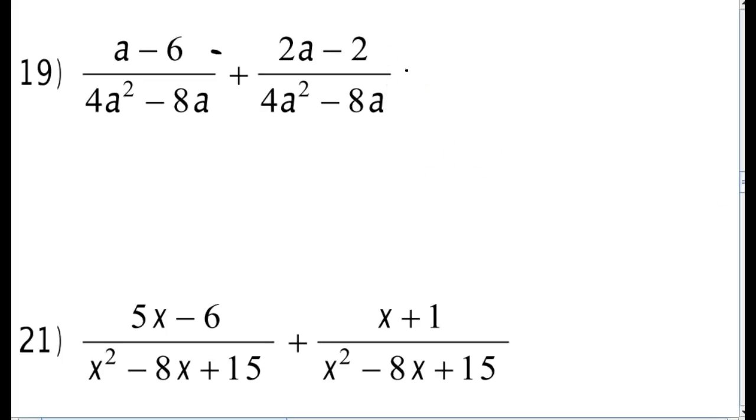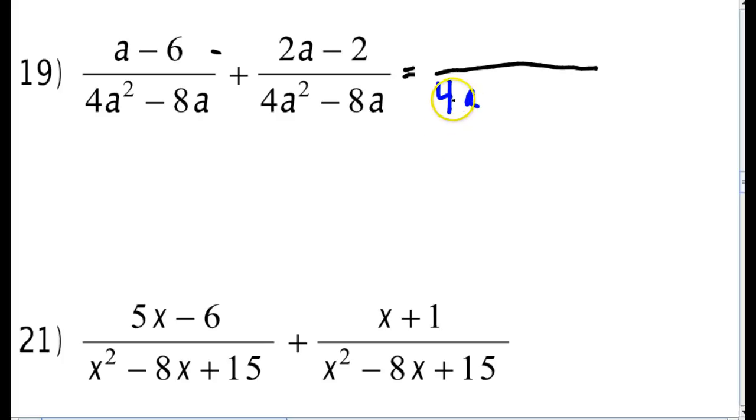Here we go. So what does the bottom equal? Go ahead and factor it, see what we get. See if you can factor it out. All right, and our GCF is what? What are we using? 4a.